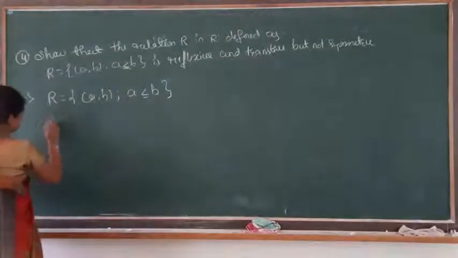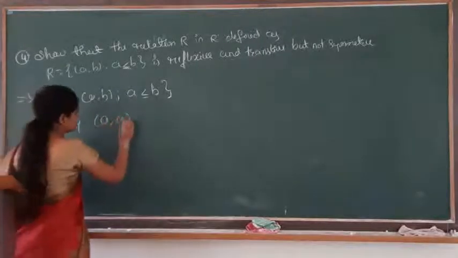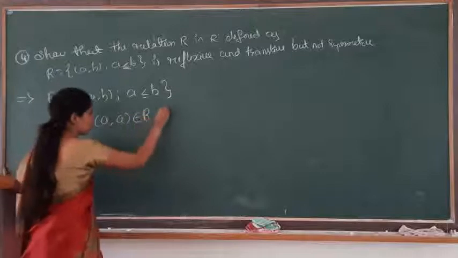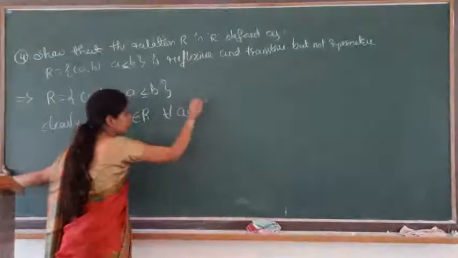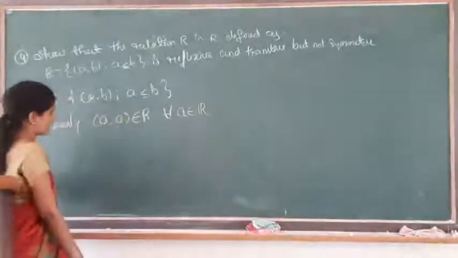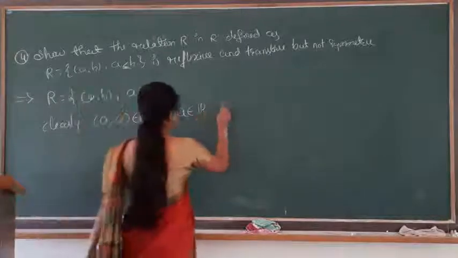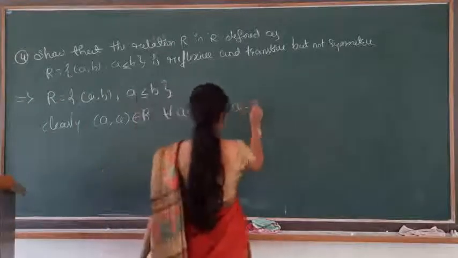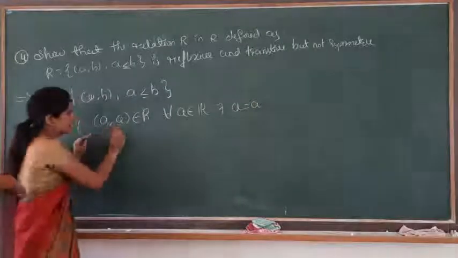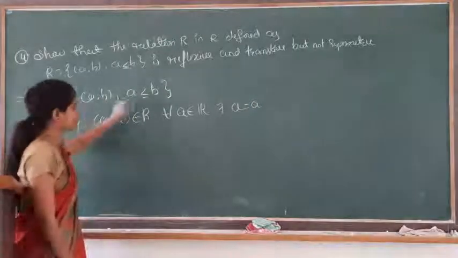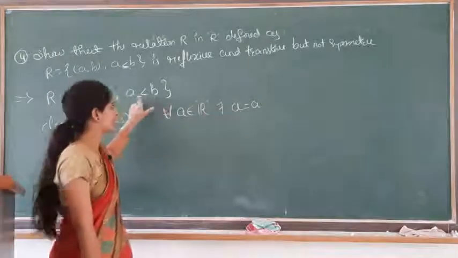Here clearly a belongs to R, for all elements belonging to the real numbers, such that a = a. If (a, a) belongs to R, then according to our given relation, either a < b or a = b.